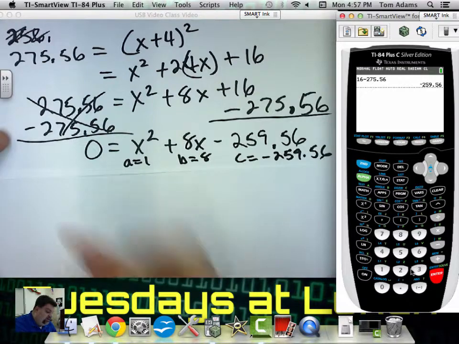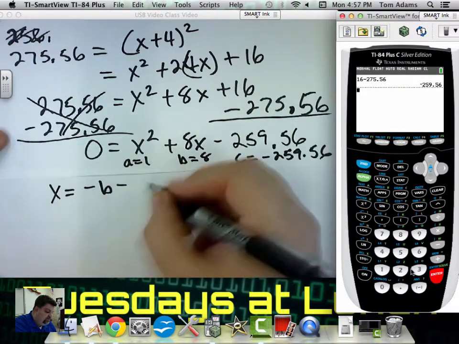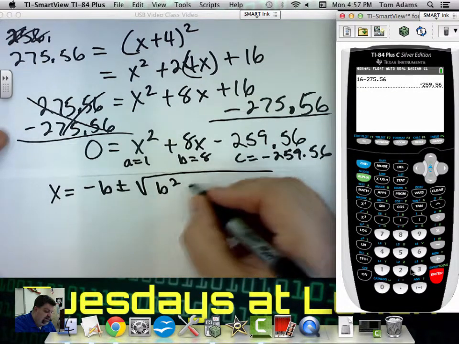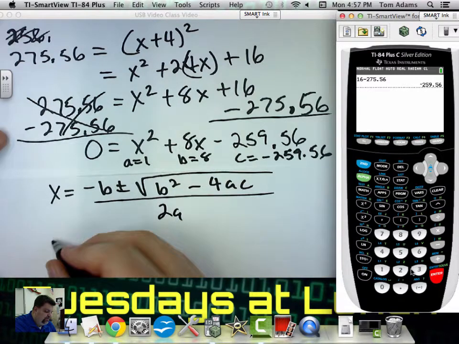So remember that the quadratic formula is x is equal to negative b plus or minus the square root of b squared minus 4 times a times c, all over 2a.